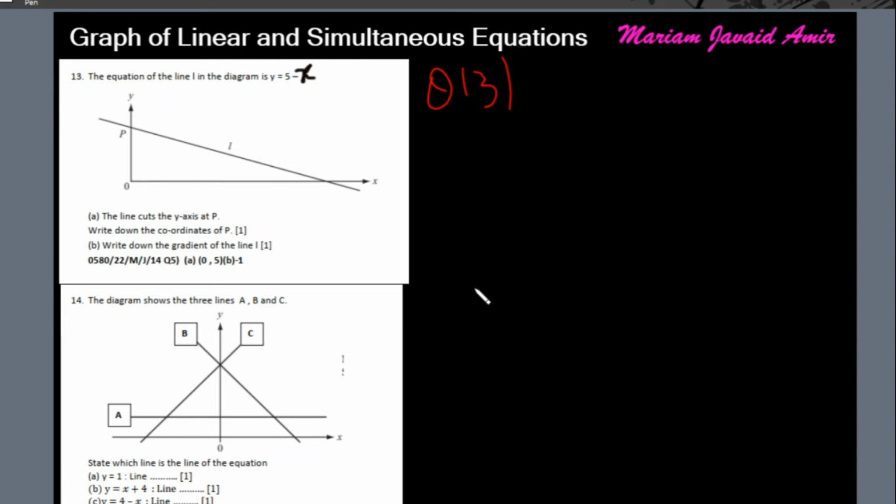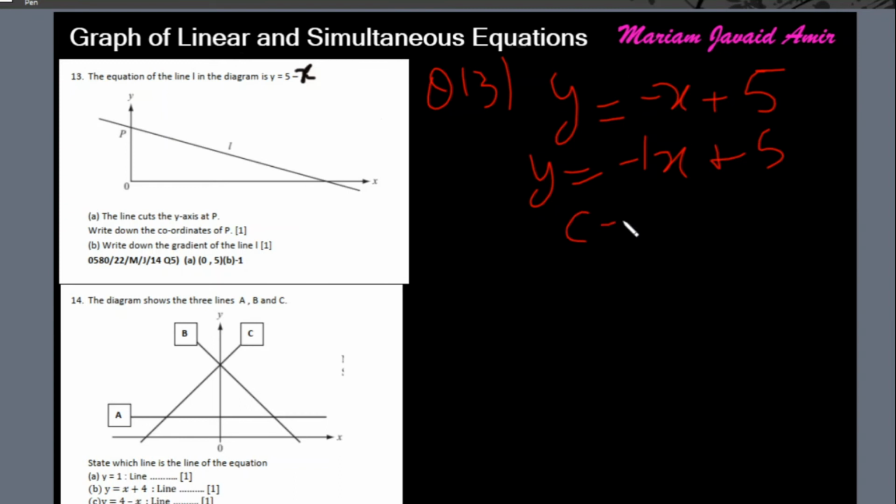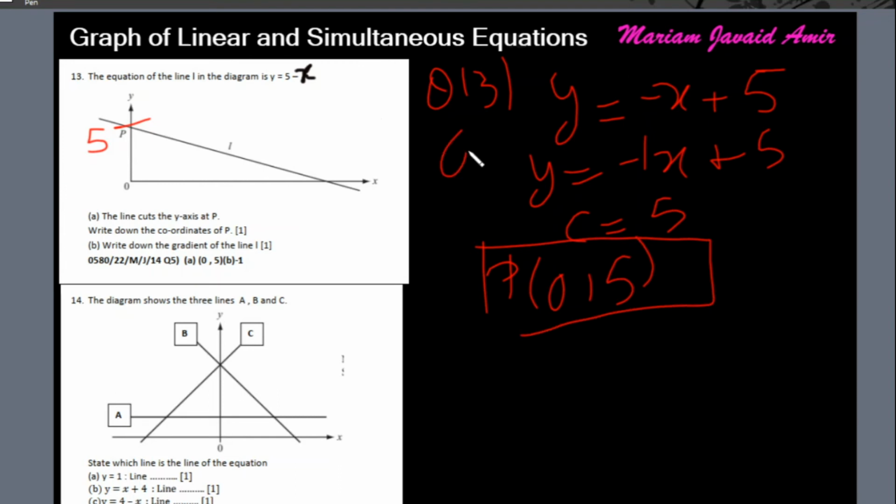Part A, the line cuts the y-axis at P. Write down the coordinates of P. So rearranging the line, this becomes minus 1x plus 5, and remember 5 is where the graph cuts the y-axis. So the coordinate of P is simply 0 comma 5 for 13 part A.